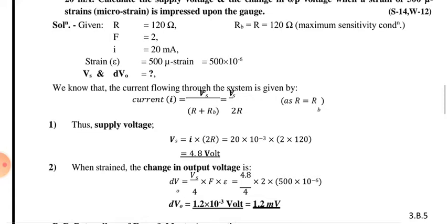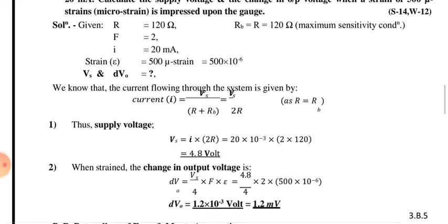Next, we will have to calculate the output voltage. Change in output voltage is dVo equal to Vs upon 4 into F into epsilon. Vs we have calculated as 4.8, upon 4 into gauge factor 2, and epsilon is 500 into 10 to the power minus 6, that is 500 microstrain.